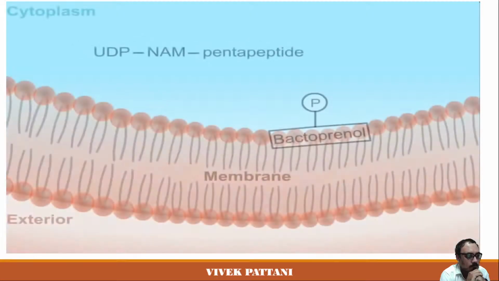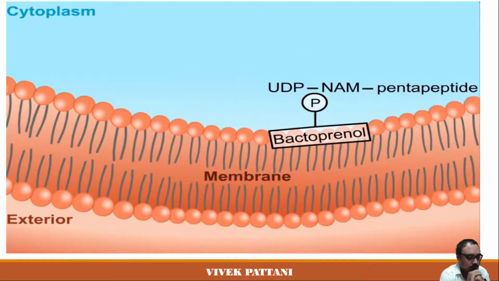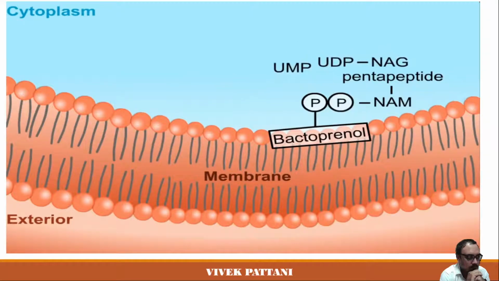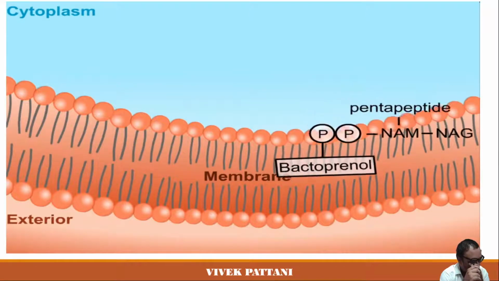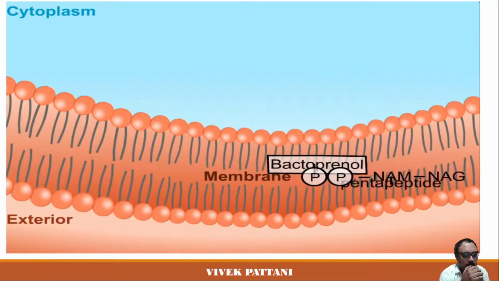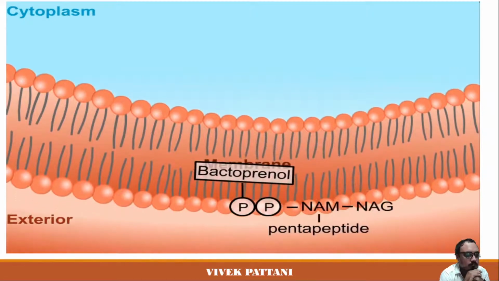The NAM pentapeptide is transferred from UDP to bactoprenol phosphate at the membrane surface. Then NAG is transferred from UDP-NAG to the bactoprenol NAM pentapeptide to form the final disaccharide pentapeptide precursor. The completed NAM-NAG precursor is transported across the membrane to its outer surface by the bactoprenol carrier lipid.